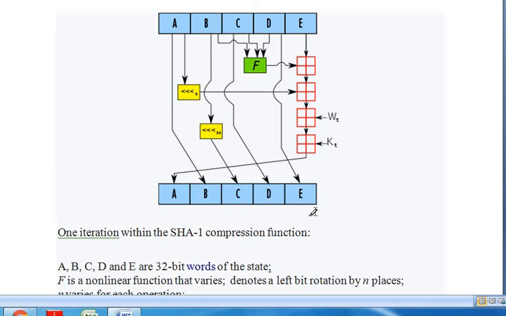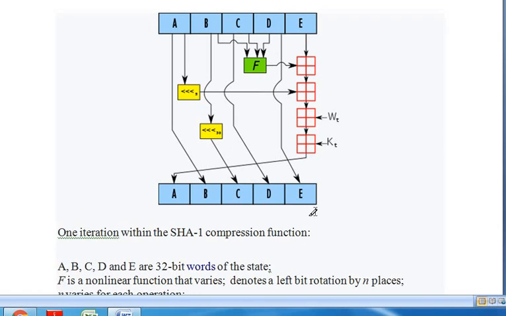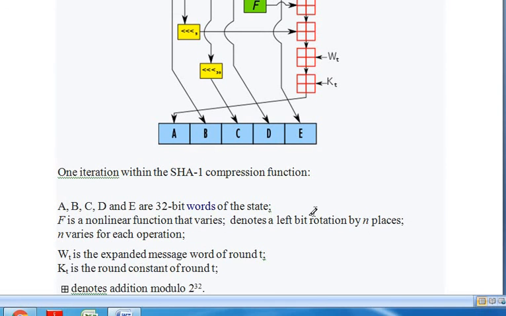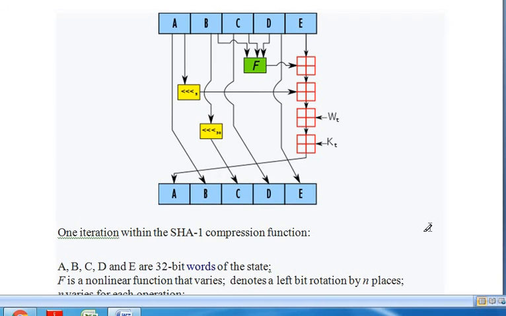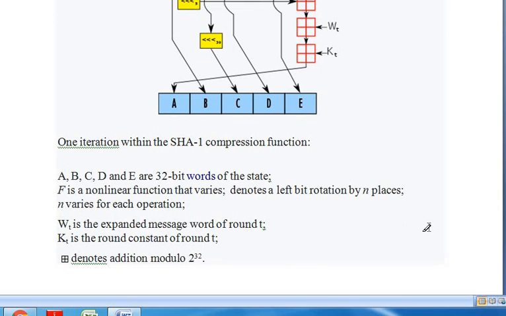A, B, C, D represent the 32-bit words of state. F is a nonlinear function that varies. In the compression function, WT is the round function, which determines how many rounds need to be performed, and KT is a round constant.